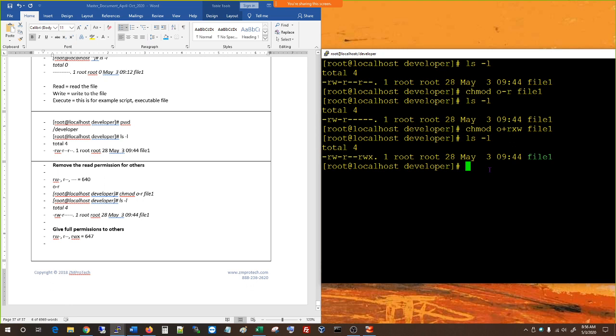Yeah, it works. But also, just a quick question: suppose you are working on file 1 right now. If you have file 1, file 2, file 3, a couple of files, and you wanted to give permissions on all files together to the others, is it possible, or do we have to do file 1 and then file 2 and then file 3?